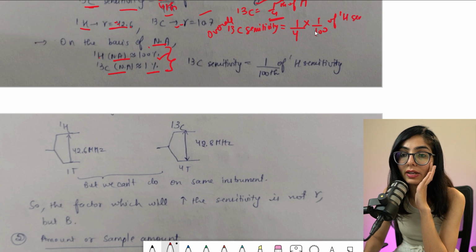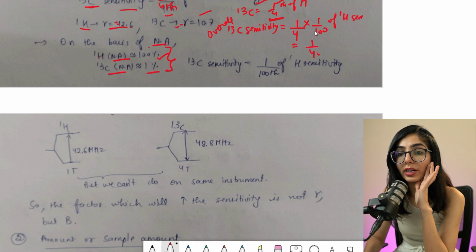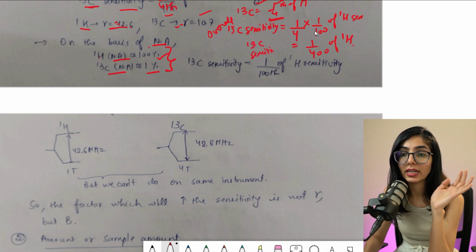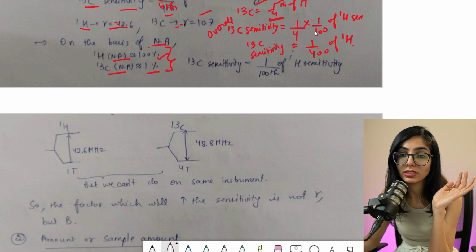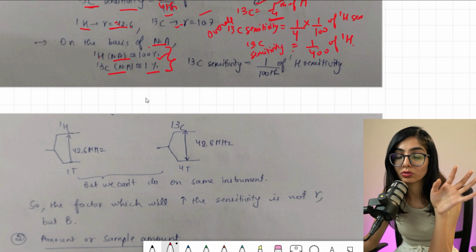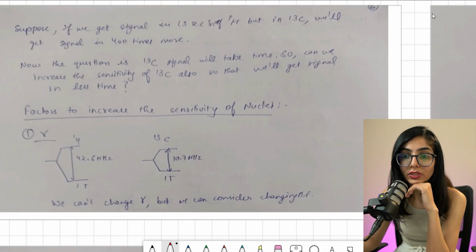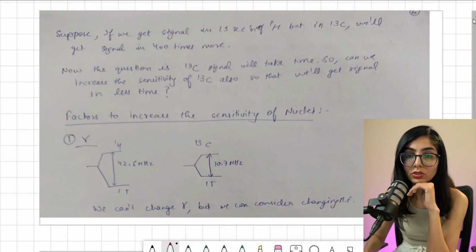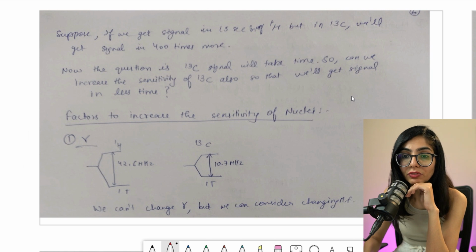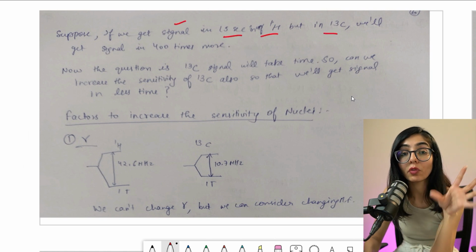That means 1/400 of 1H. Yes guys, 13C is 1/400 times 1H. So it's very less, and we can make one deduction here also. Suppose we get a signal in 15 seconds for 1H, then in 13C we'll get the signal in 4 times more.